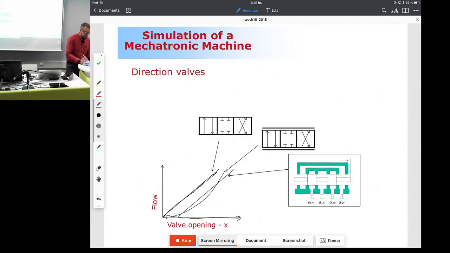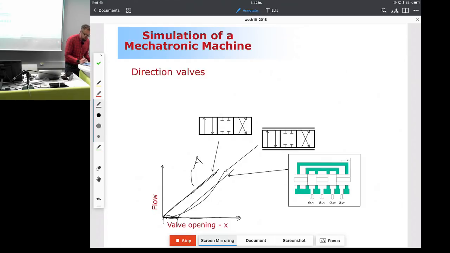So that's scenario A. In scenario B, you have to move your spool quite a bit in order to introduce even a little bit of flow. So that's the scenario that is shown here. So when the valve opening is from here to this particular given value, there is no flow.